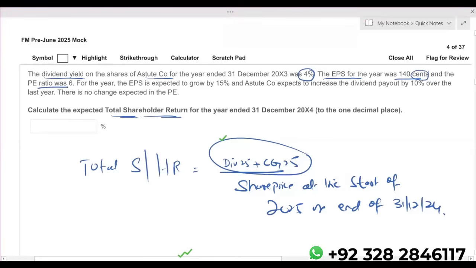And P/E ratio was 6 there. The EPS is expected to grow by 15%. And Astute company expects to increase the dividend payout by 10% over the last year. No change expected in P/E ratio.